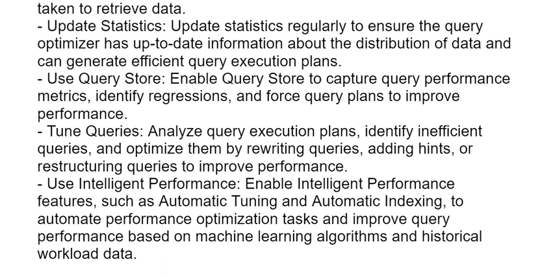And the last one is use intelligent performance. Enable intelligent performance features such as automatic tuning and automatic indexing to automate performance optimization tasks and improve query performance based on machine learning algorithms and historical workload data.